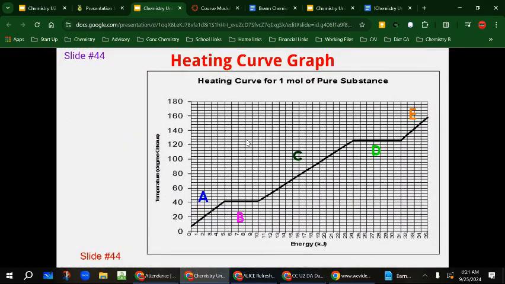Wonderful. How many of you remember this from physical science? Nobody remembers this graph? Would it help if I told you you only saw from about here to there?